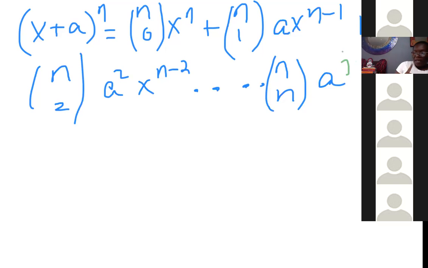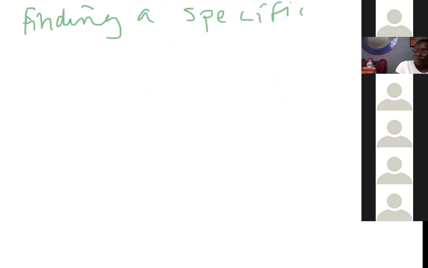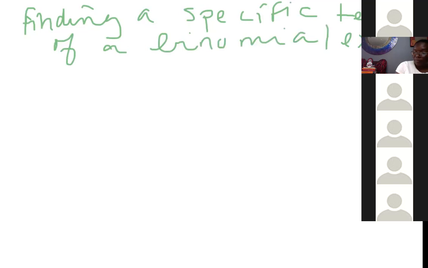Now, guys, I am going to do one last thing, and then I'll be done with you today. This one last thing is about finding a specific term of a binomial expansion.